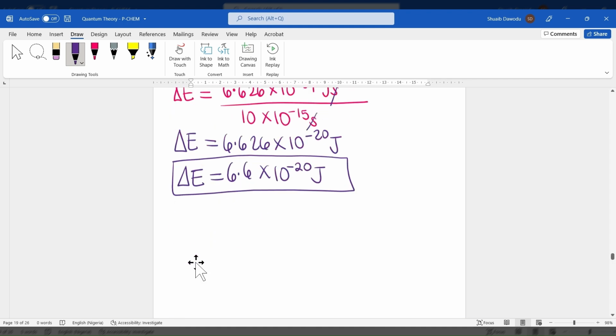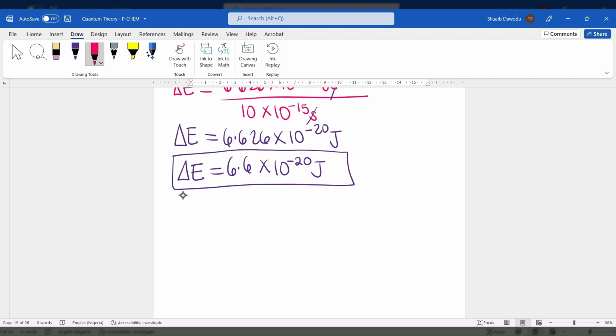Now, I want to quickly mention that the energy per mole is equal to the energy of the quantum times Avogadro's number. Remember, I just explained it in the previous question.